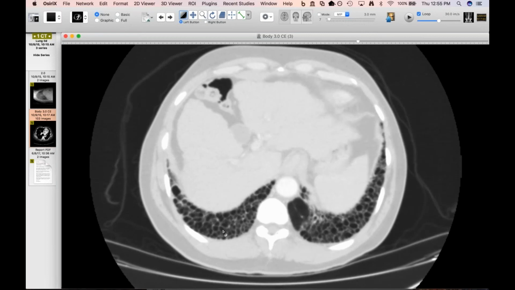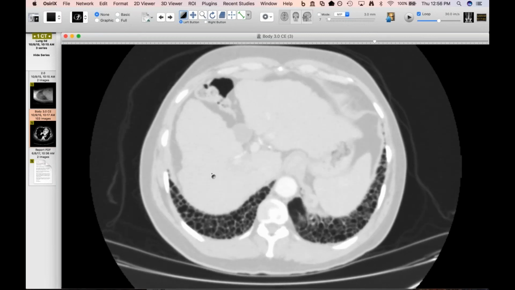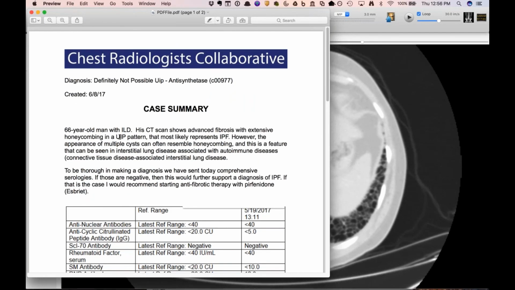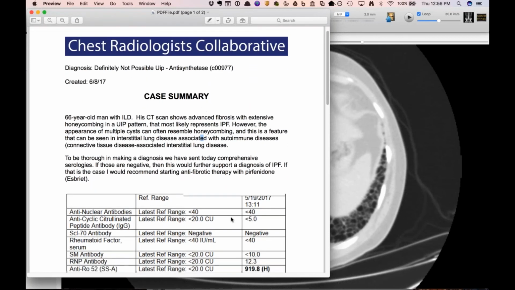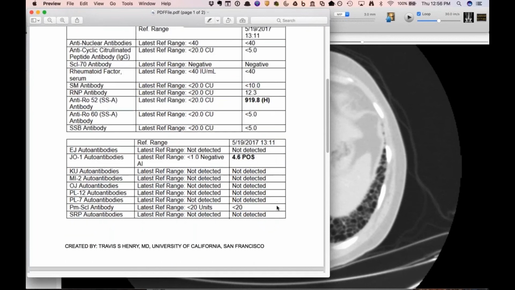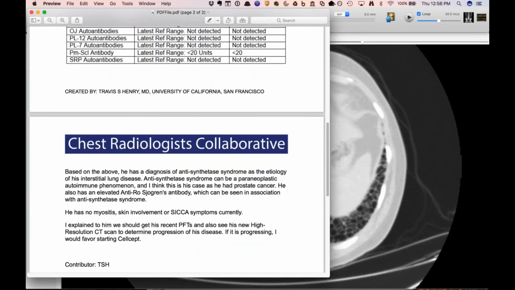He had been diagnosed presumptively at an outside hospital with UIP, IPF. You can see from our note that at our discussion we said maybe these are cysts rather than honeycombing. He didn't have any connective tissue disease symptoms, but they sent off his panel and it just came back. He has an SSA that's through the roof, so it could be Sjogren's, but he also has anti-Jo1, so he may have antisynthetase syndrome as well.